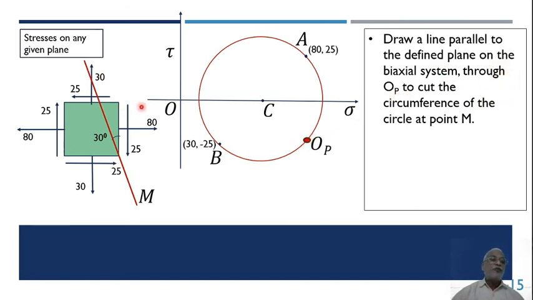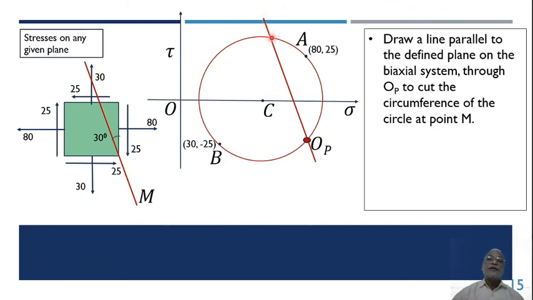Through OP I have to draw this line to cut the circumference of the circle at some point M, right? We'll do that. So a line parallel to that and through the point O, I'll cut there. It's easy, I think, right? There it goes, a line.